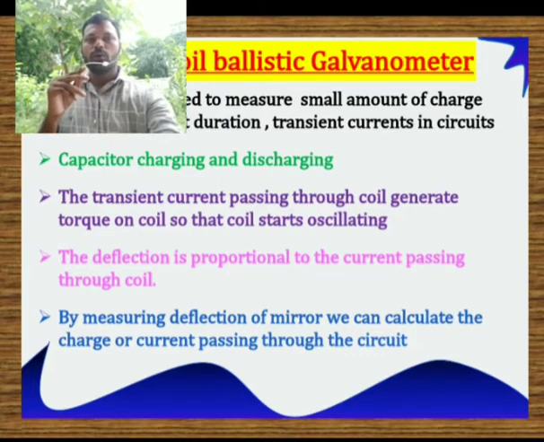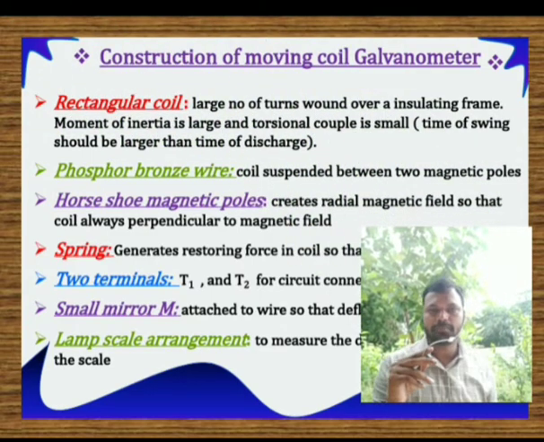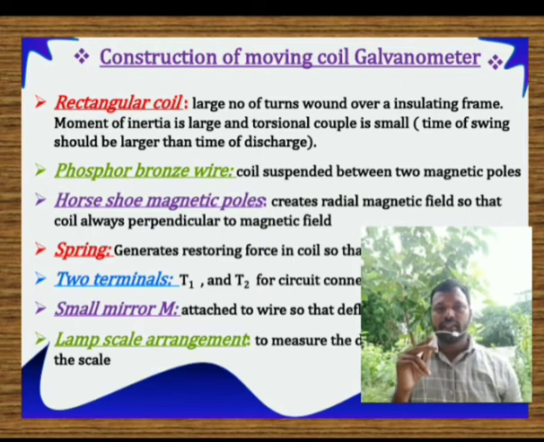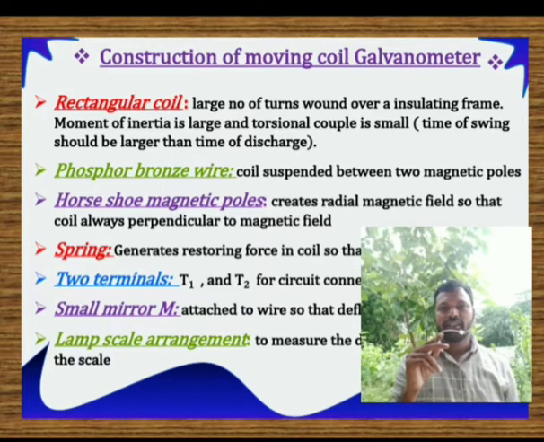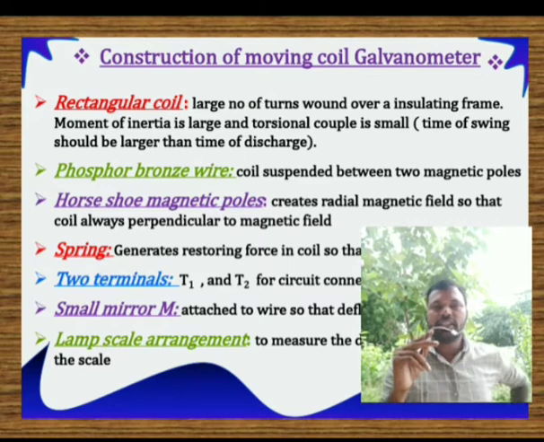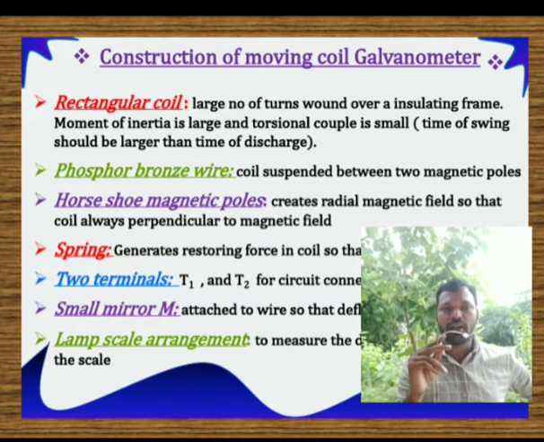Now come to the main parts of the ballistic galvanometer. First, we have a rectangular coil containing a large number of turns. Generally, we take a long wire and wind it over an insulating frame to get this rectangular coil. The coil's moment of inertia is large and the torsional couple is small. Why?